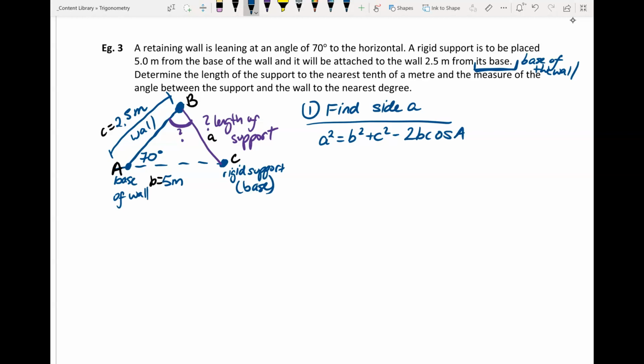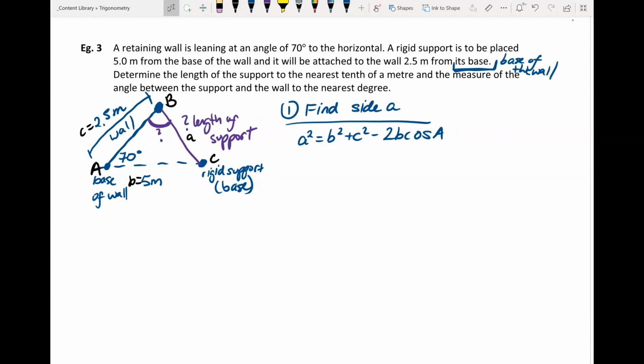Then I'm going to fill in the information we know. We don't know what A is because that's what we're looking for. Side B is 5, side C is 2.5, and lastly, the angle A is 70 degrees.